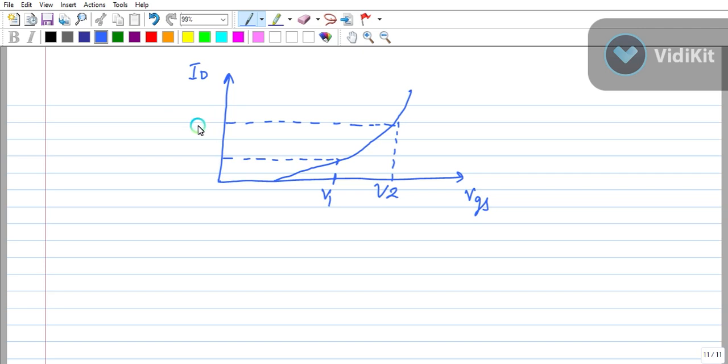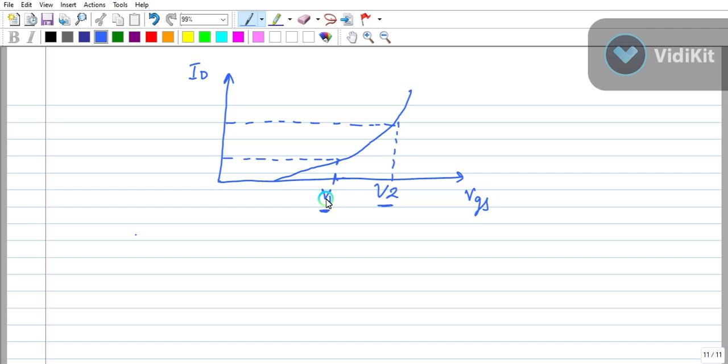When we give the input, first we are biasing with V1, second we are biasing with V2. So in both cases we have to see what is the good case, what is the good biasing for the MOSFET.